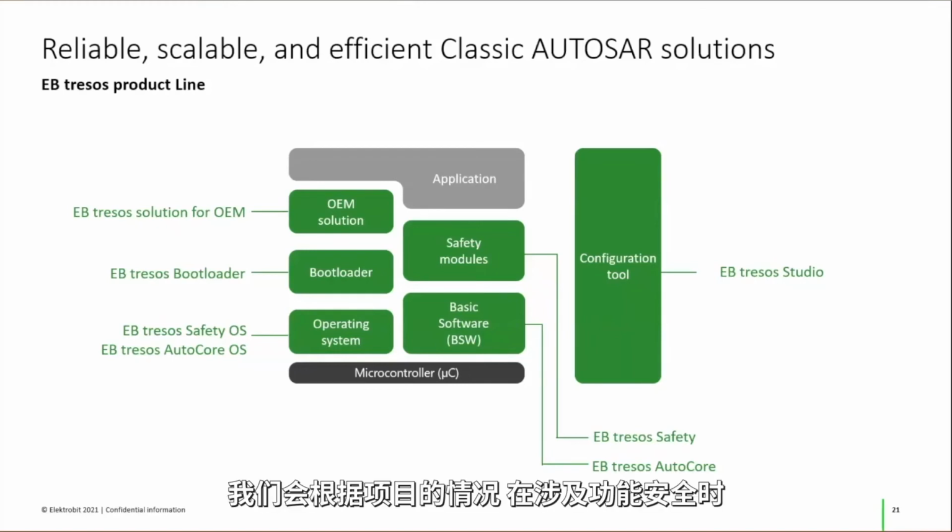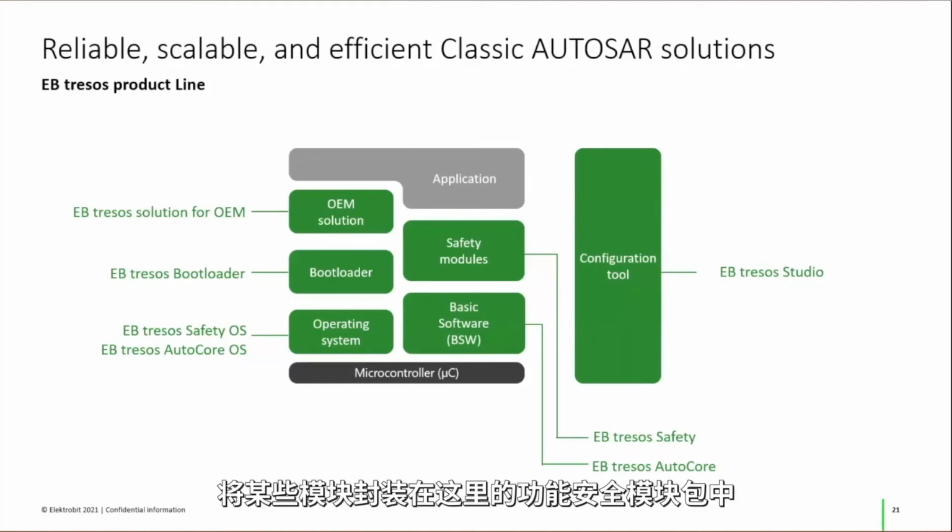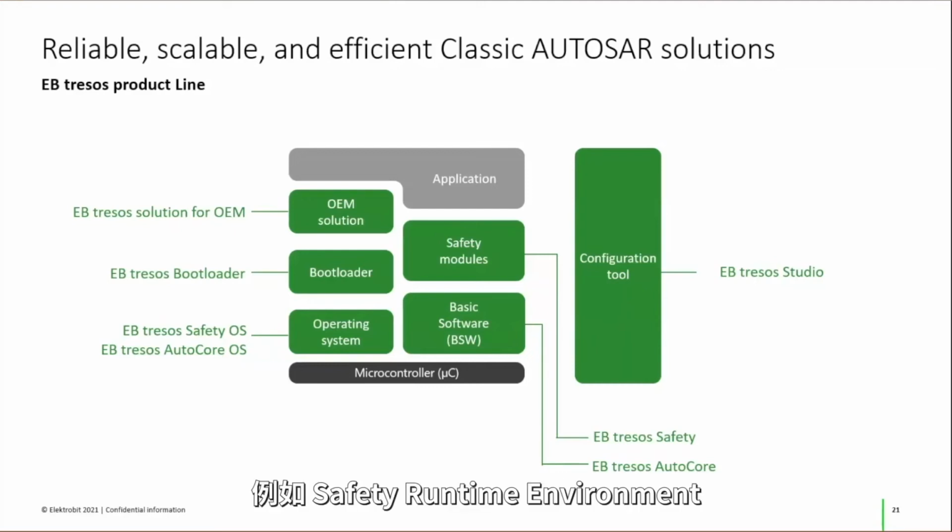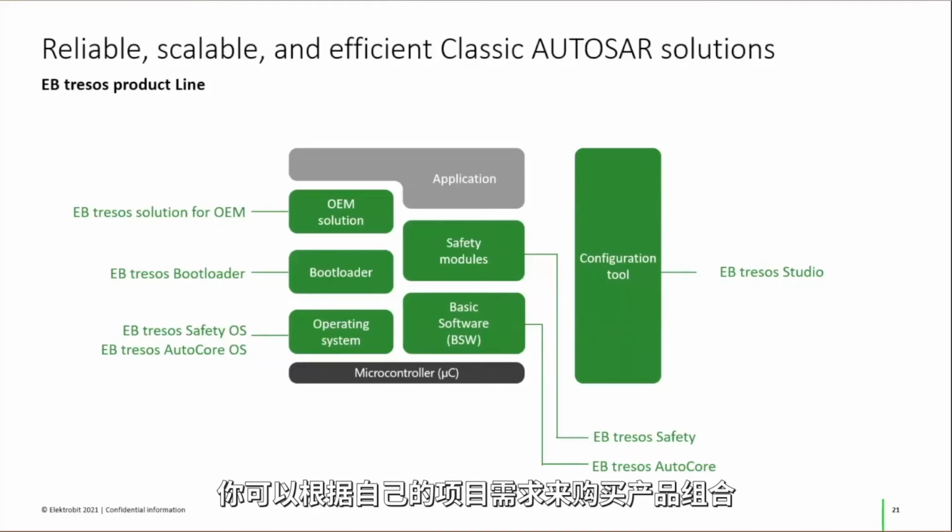And depending on the project, if there's safety involved, we have some modules encapsulated in the safety modules package here. For example, the safety runtime environment or the safety E2E protection. So EB tresos Safety is a bundle of items that can be purchased depending on your project needs.